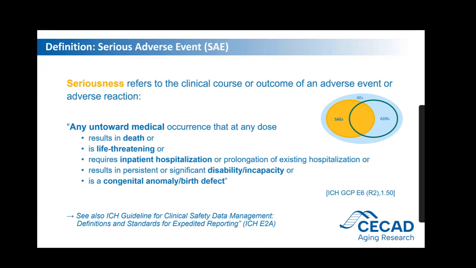So out of all the adverse events that we may have, some of them may be serious. As these 5 points indicate, any AE that matches one of these 5 points is considered a serious adverse event.